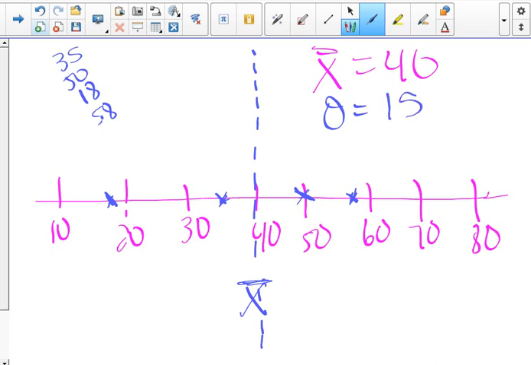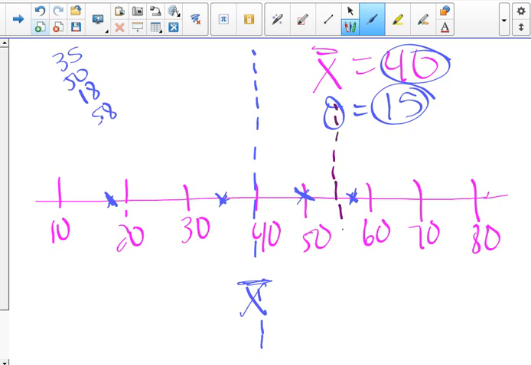Okay, so let's find how many deviations these scores are sitting inside. If we go 1 standard deviation out, that means 15 away from the average in both directions, we're going to go to 40 plus 15 is 55. So I'll use a different color.